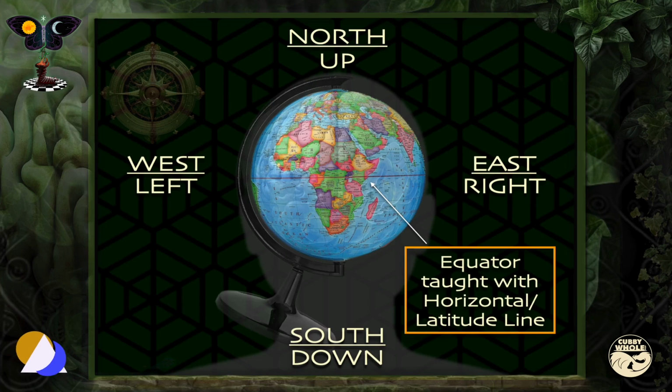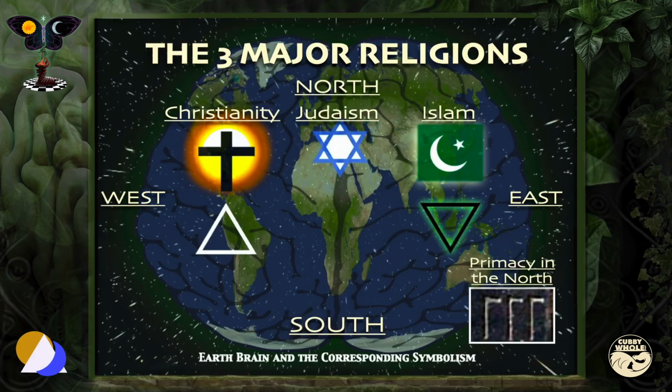And here's what this orientation can really help us understand. This is a slide from Earthbrain 1 with the 3 major religions. This is vital to see and contemplate. We have to recognize that these 3 institutions are energy centers that correspond to our brain.